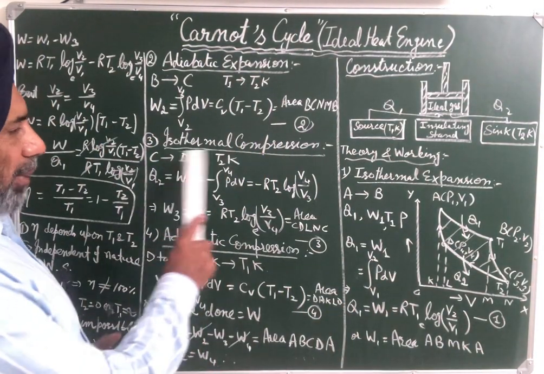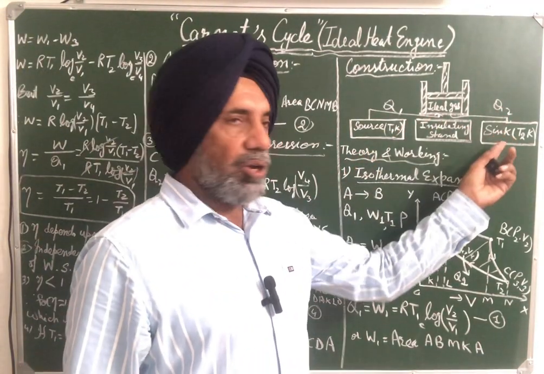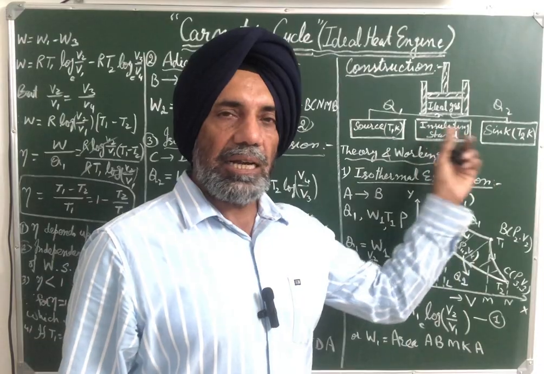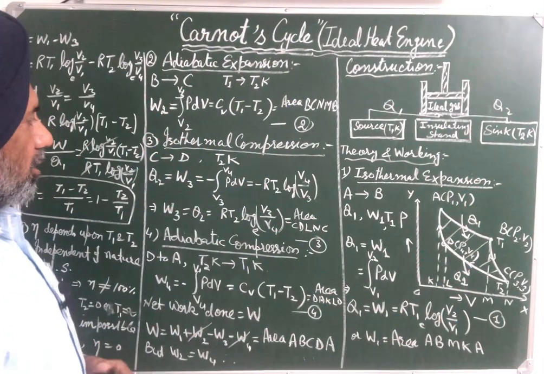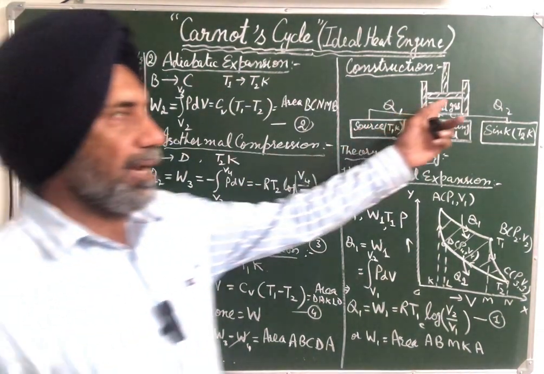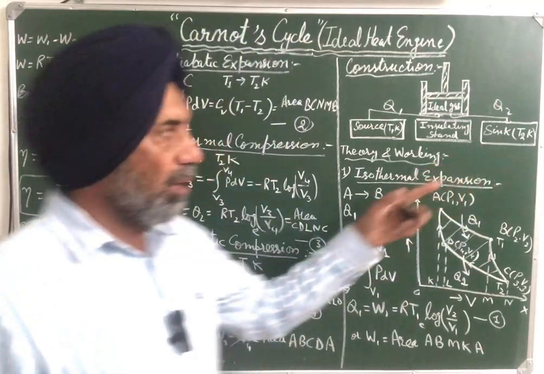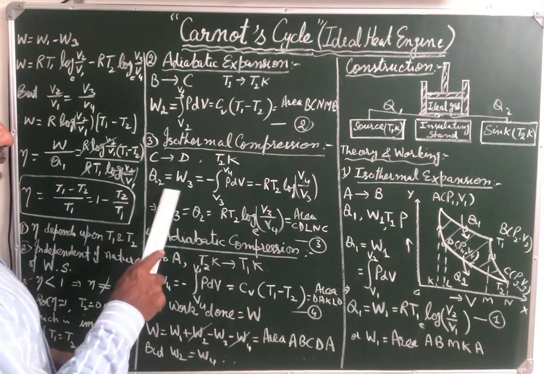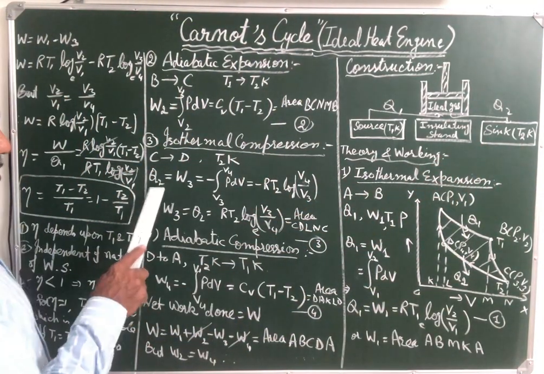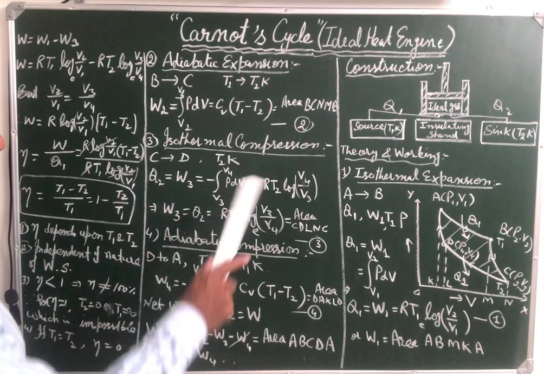So during isothermal compression, that is from C to D, let Q2 be the amount of heat rejected to the sink. So Q2 must be equal to W3, because again temperature is kept constant, which is T2 Kelvin, no change in internal energy. So the amount of heat rejected will be equal to the amount of work done upon the gas. So Q2 is equal to W3, which is equal to minus integral V3 to V4 PdV, because it is negative.